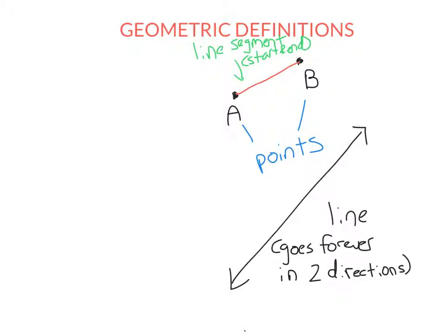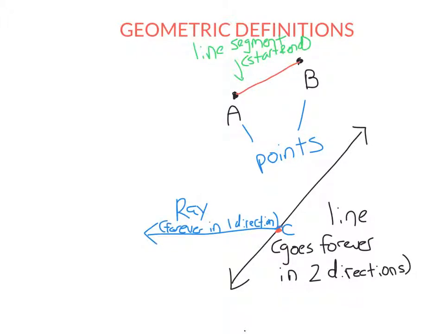So whereas a line goes forever in two directions, sometimes you'll have something that has a start point but goes on forever. So if I draw something like this, starts here and goes like that. So if I call this thing here C, C is a point. Now the blue thing I've drawn is called a ray. It goes forever in one direction.